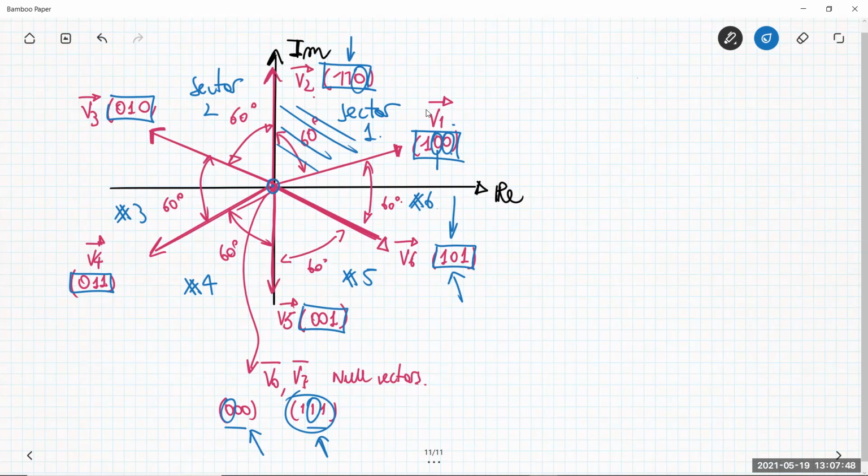What does it mean that you have just one bit of separation between adjacent vectors? It means that you have to change the status of just one leg of the inverter.